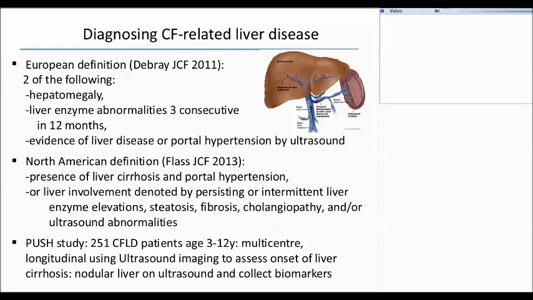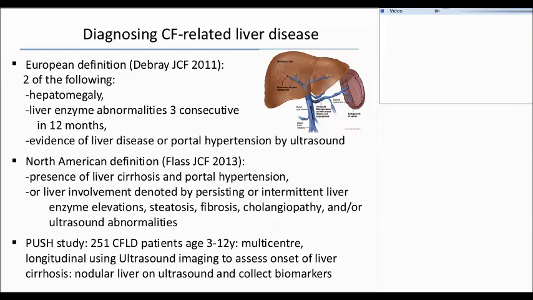But they also left an option to have liver involvement by persistent or intermittent liver enzyme elevation, which is similar to the European statement, steatosis, fibrosis, cholangiopathy, and or ultrasound abnormalities.